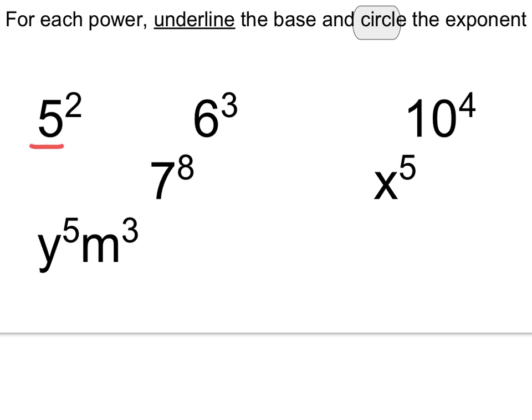Our base is 5, and we're going to circle our exponent. Our exponent is 2. I'll do one more for you. Looking at 6 cubed, or 6 raised to the 3rd power, our base is 6, and our exponent is 3. Take about 30 seconds to go ahead and do the other 4 examples.